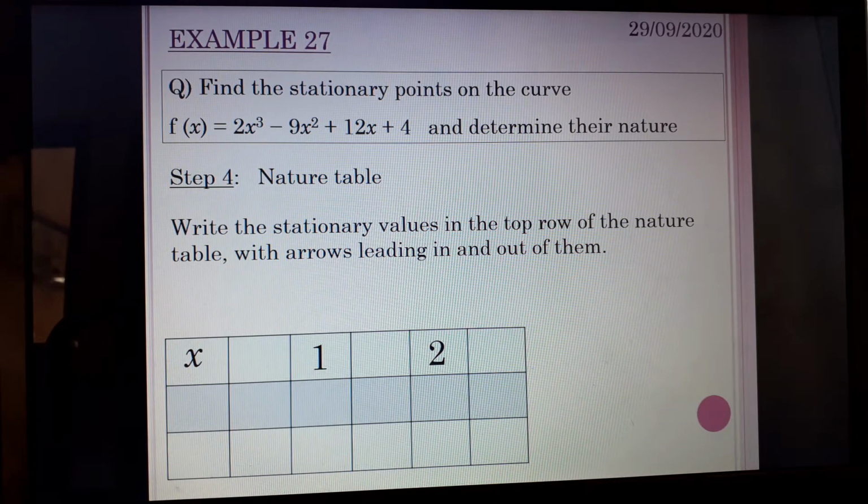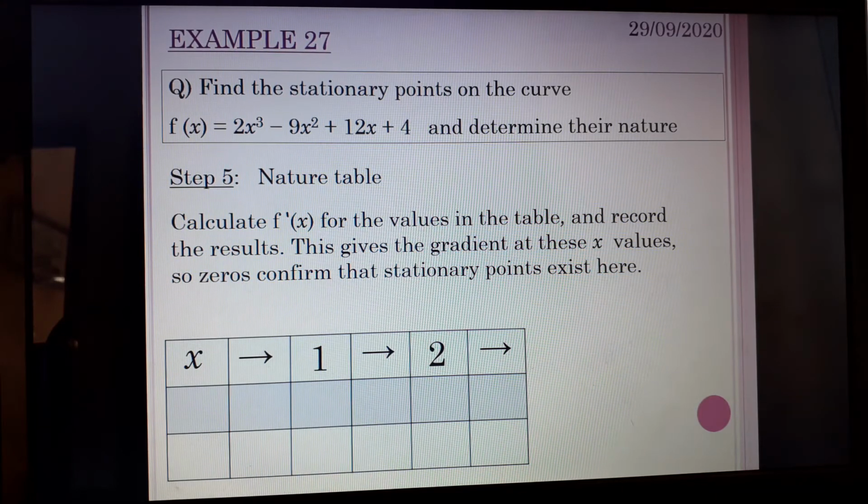Okay, remember, for us to work out what the turning point is, we have to look to the left and to the right of the turning point to see what's happening with the graph, if the graph is rising or if it's falling to the left or to the right of the turning point. So we use these little arrows to show that we're looking at the left or the right of the turning points.